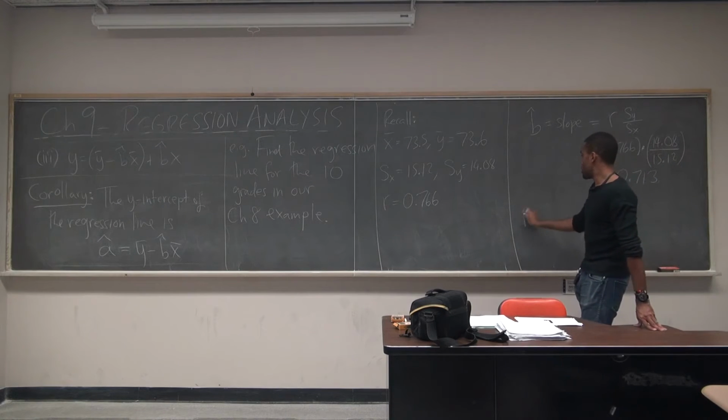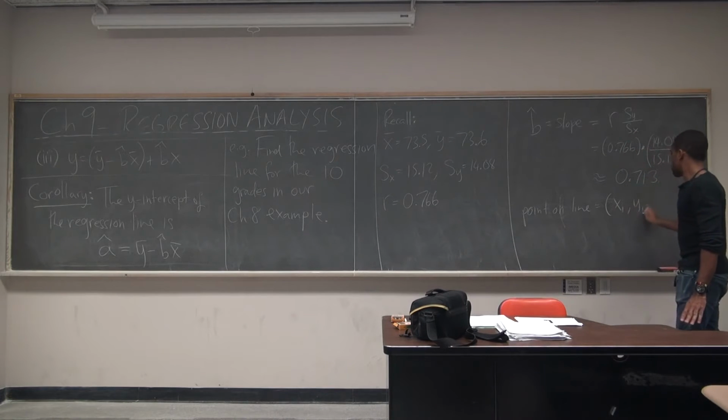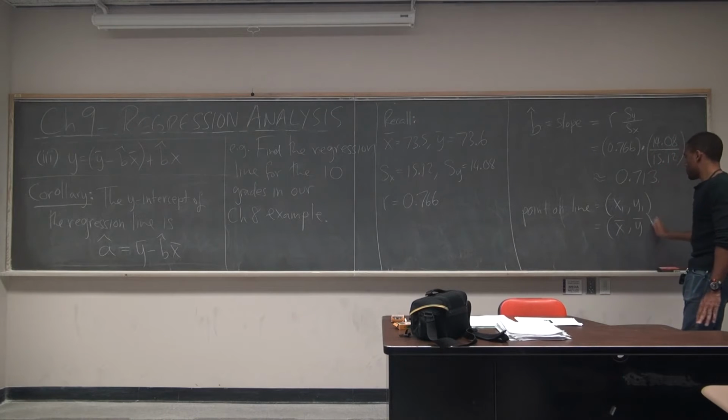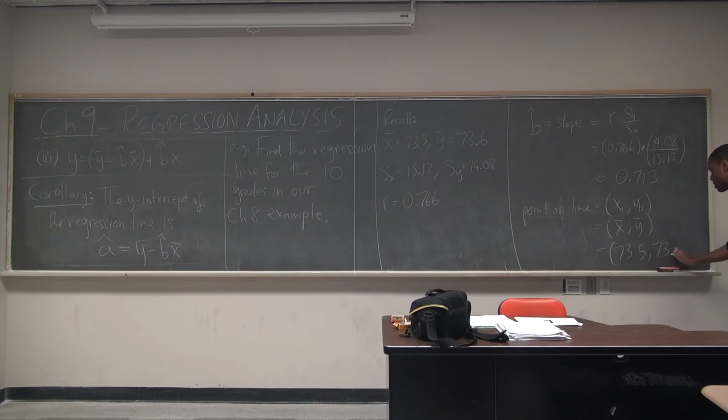And then I know a point on the line. Let's say I call that x1, y1. That's actually just the mean, so that would be 73.5, 73.6.